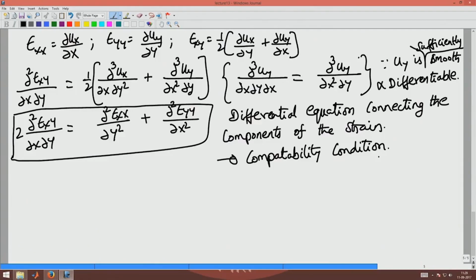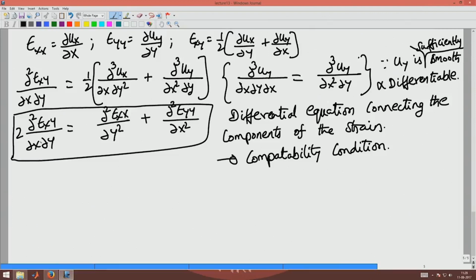If the displacement field is sufficiently smooth and differentiable, there will exist some relationship between the components of the strain. Only prescriptions of strain that satisfy those relationships are admissible strain fields. Okay. So, that is what the compatibility condition tells us.